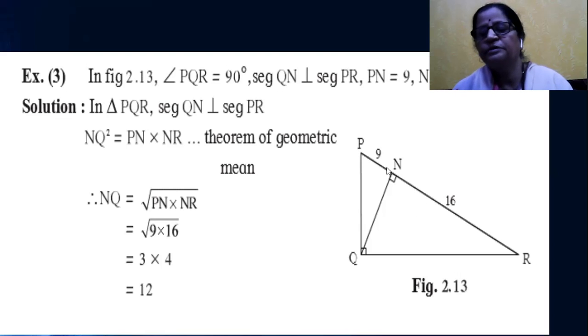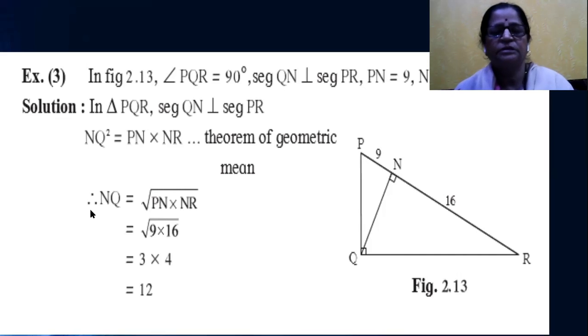Then PN's value is 9 and NR's value is 16. Then find QN. We know the theorem of geometric mean, that is QN square is equal to PN into NR.